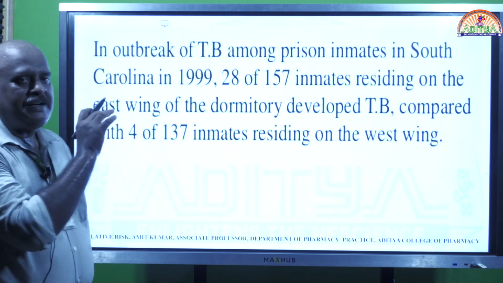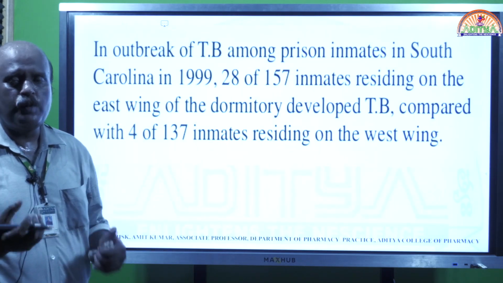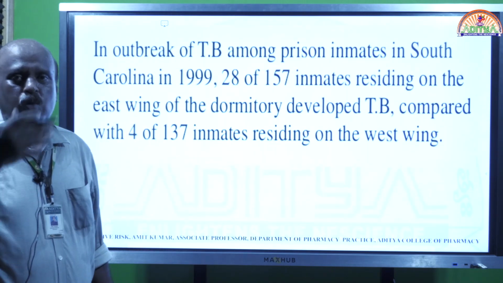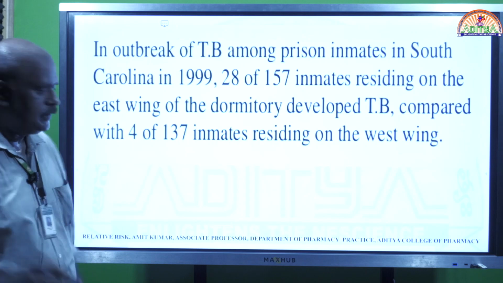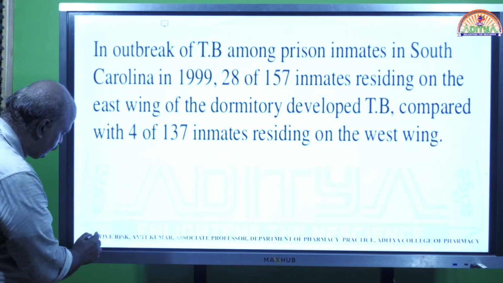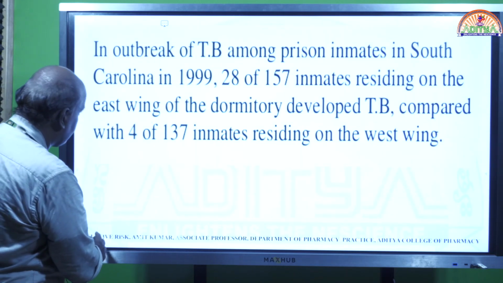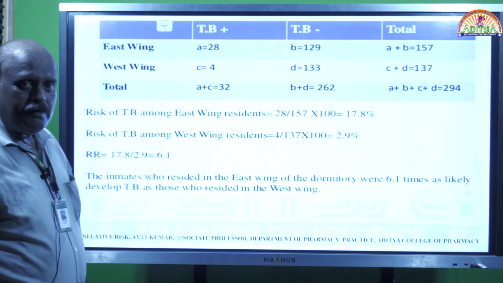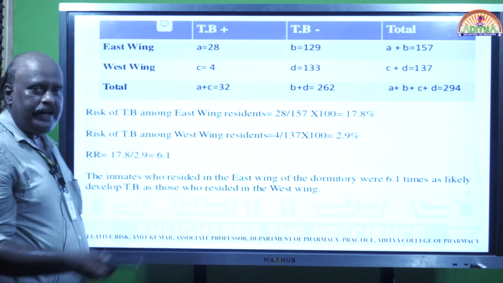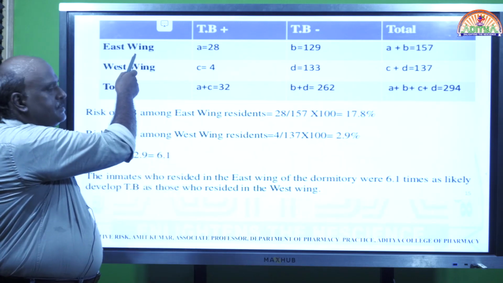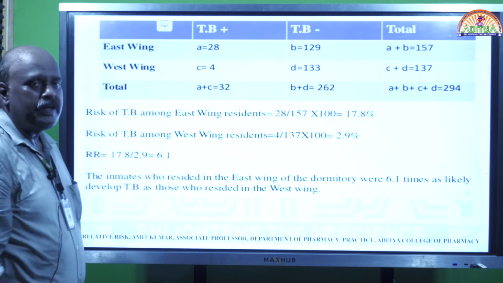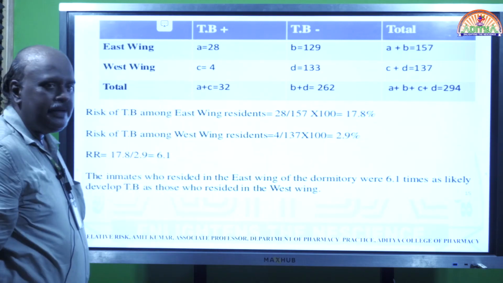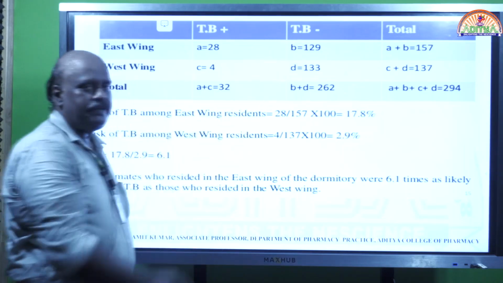Now we need to find out the relative risk in these 2 different groups, one group of the east wing, the other group of the west wing, who got TB and who have not got TB. So we have made a table here, taking 2 groups, east wing and west wing, and the people who have TB and the people who don't have TB.